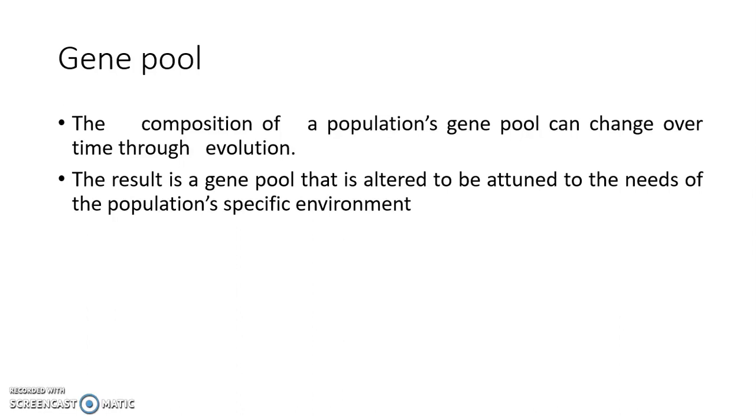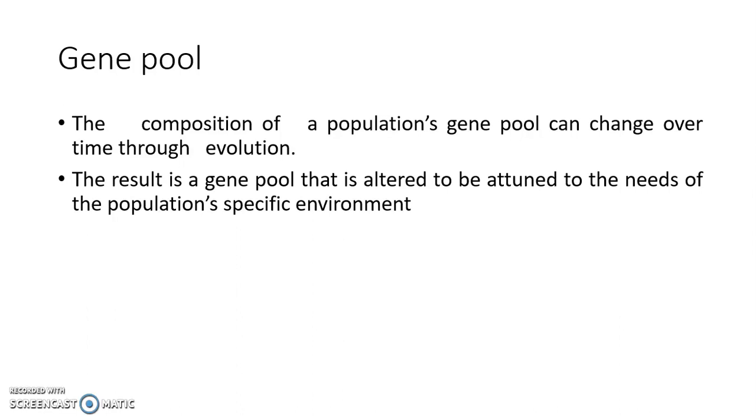Only those variants that make the individuals more adaptable to these environmental changes will be sustained in the population. The other variants or alleles which do not make the individuals adaptable to this changing environment or increasing temperature will be removed from the population with time.